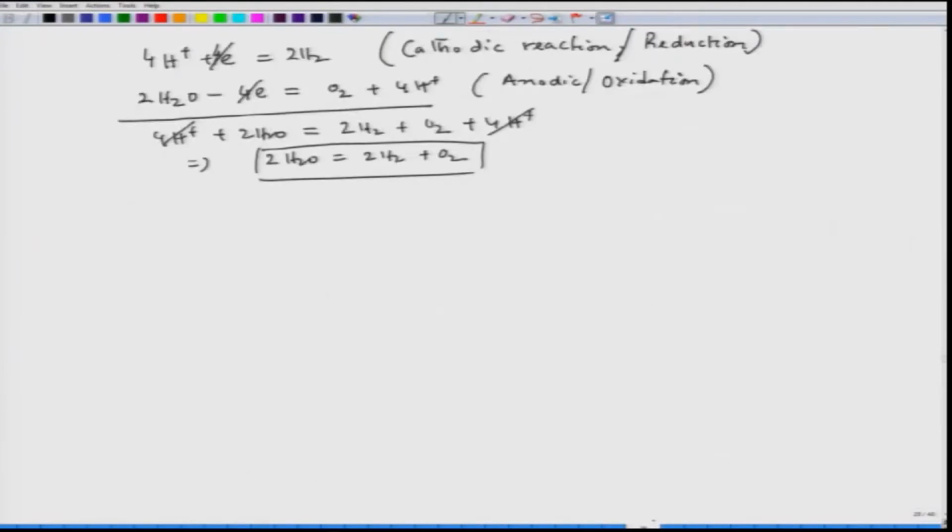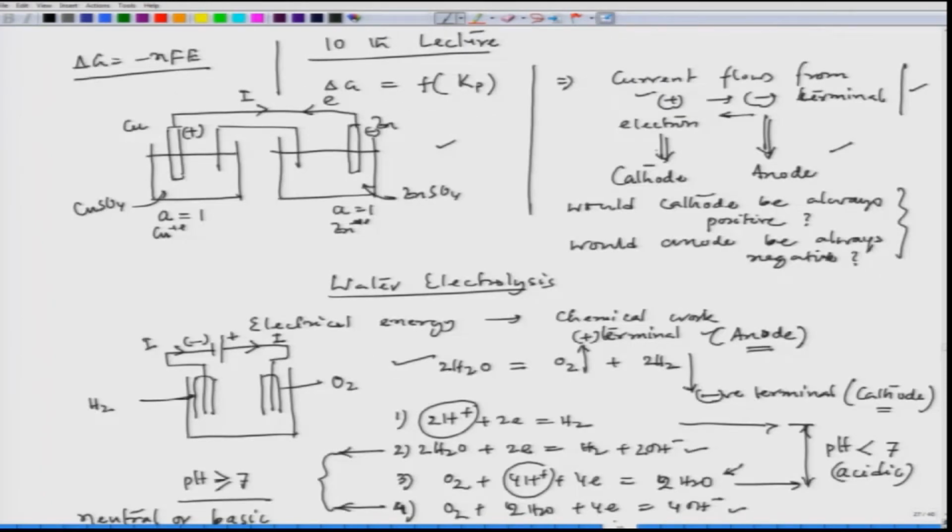We can also have the same reaction derived from the other two reactions that are possible in the water system. So, we can consider this one and this one, and then also we can have the same reaction products.